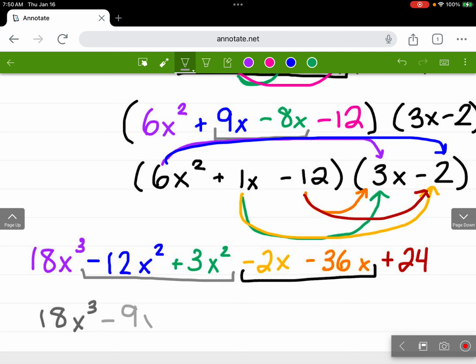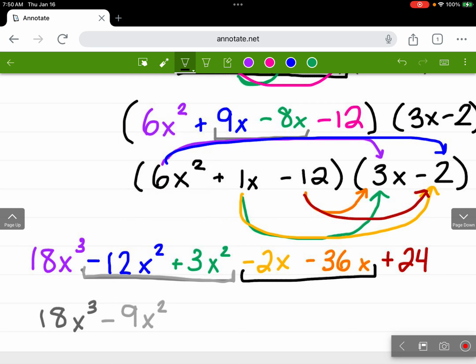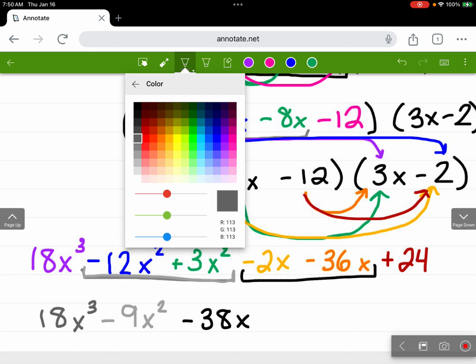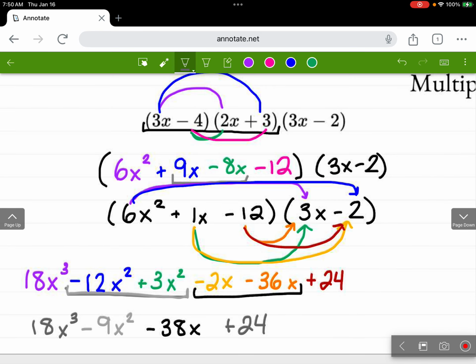Negative 9x squared. Then we have our minus 2x minus 36x, negative 38x. And then we have our plus 24. And that's our answer, 18x cubed minus 9x squared minus 38x plus 24.